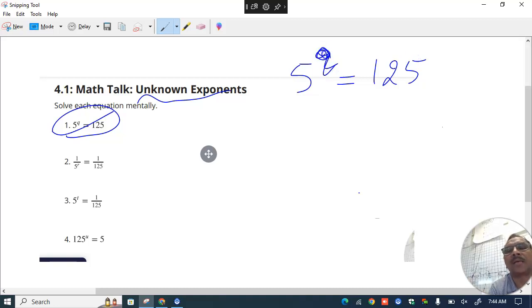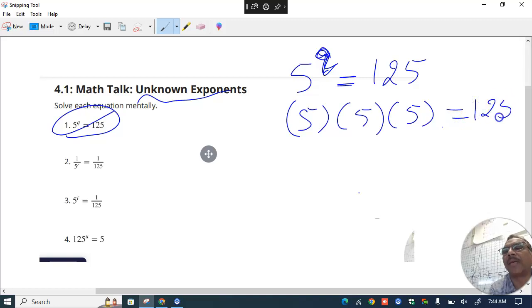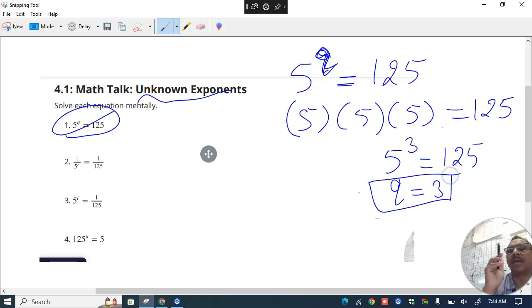From previous knowledge, we know that the only possibility is 5 times 5 times 5 is 125, right? So 5 raised to 3 is 125. That means q has to be 3. That's it. I think many of you have it. Hopefully everybody has written it down.